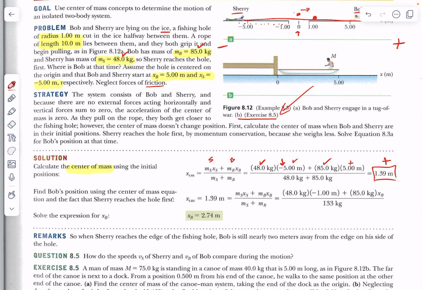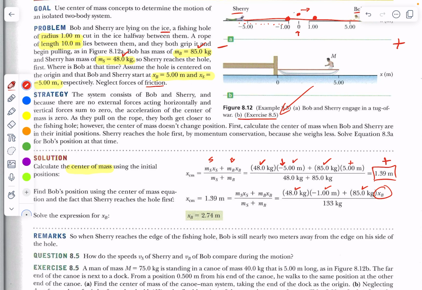So here's Sherry's mass, and here's Bob's mass. And Sherry has now reached the negative 100 meter position right there. And where is Bob going to be? Well, Bob's position, we're going to solve for that. And we'll see that he is now at position 2.74.